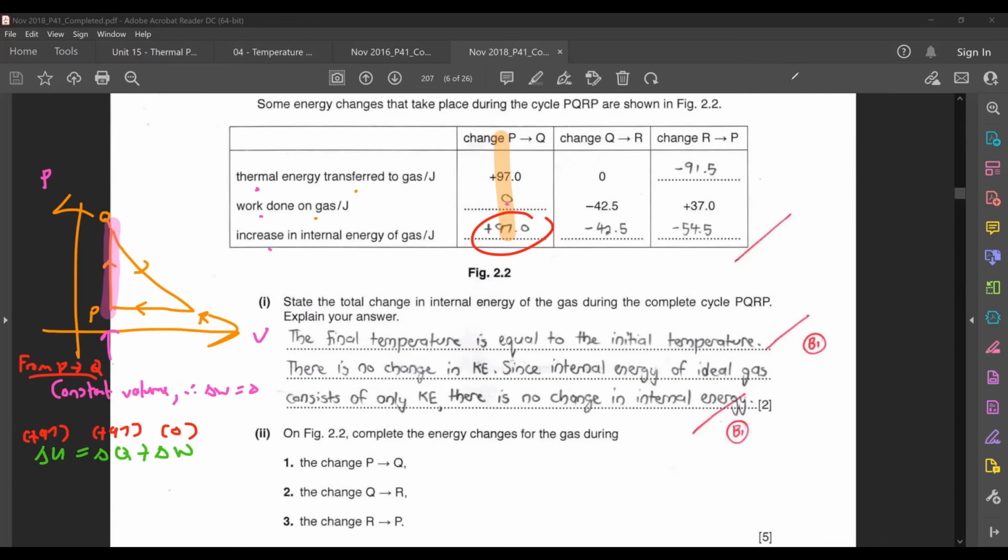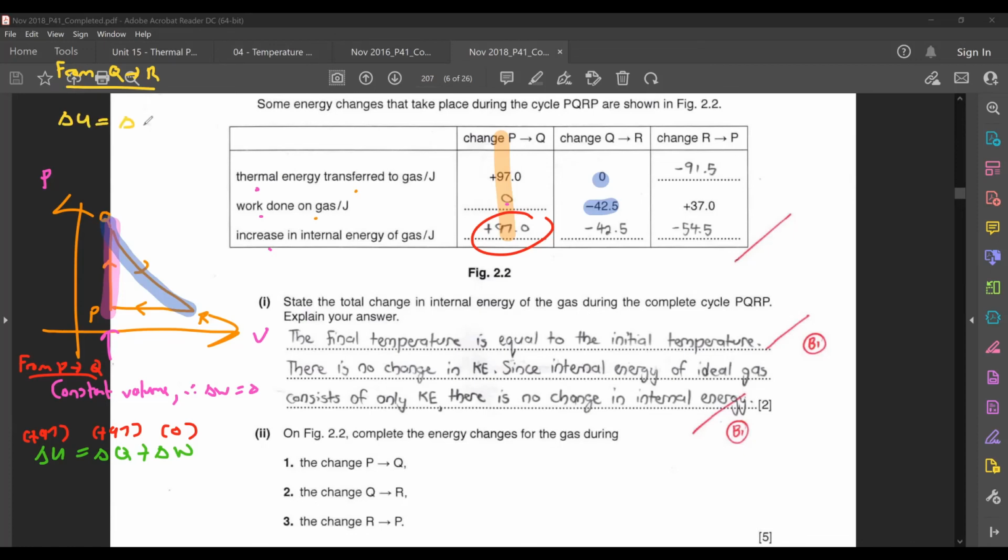Now what about from Q to R? They told you thermal energy transfer is 0. The work done on the gas is negative 42.5. So this one is pretty straightforward. From Q to R, you will still use the thermodynamic first law.